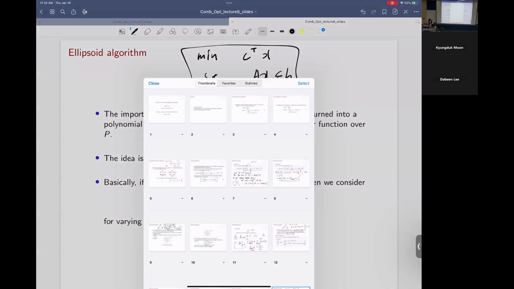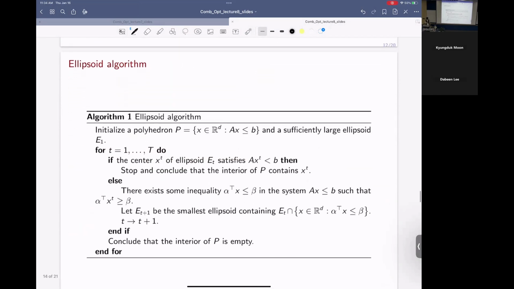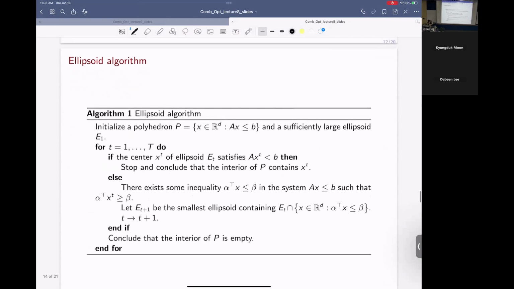So let's get back to the original feasibility problem and how do we solve this? The answer is the ellipsoid algorithm. I don't like having all these sentences at the same time, but let's explain it.